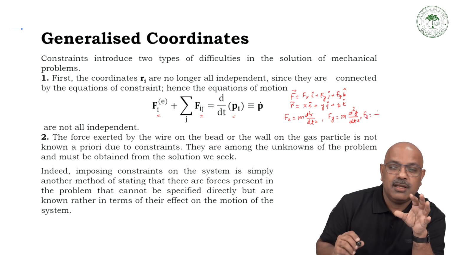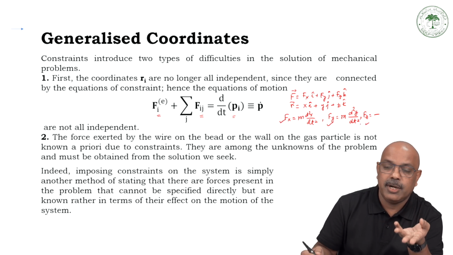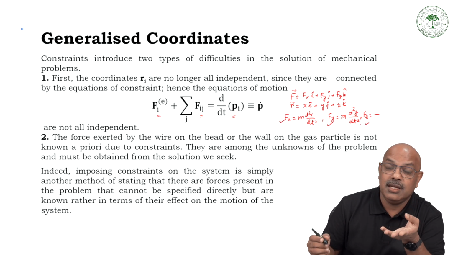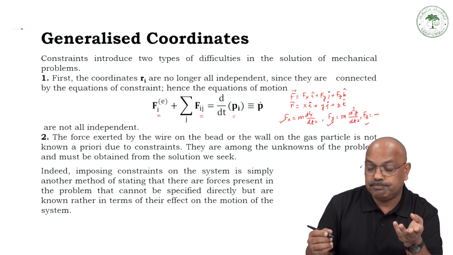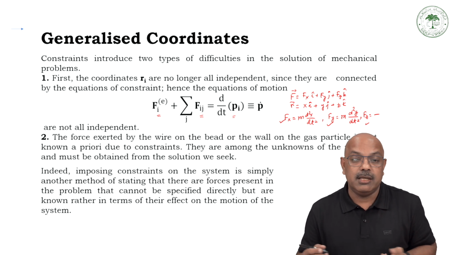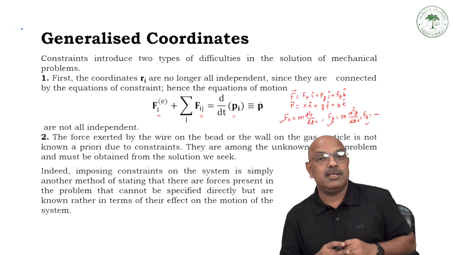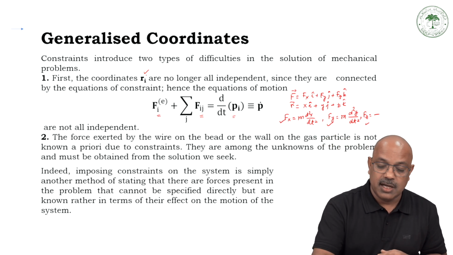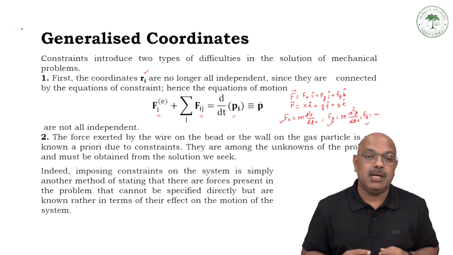and similarly for Fz. I am able to write these independently because I know that x, y, and z, these coordinates which specify the system, are not constrained and they are independent. But when the system is constrained, the problem is that these components x, y, and z are not independent of each other.